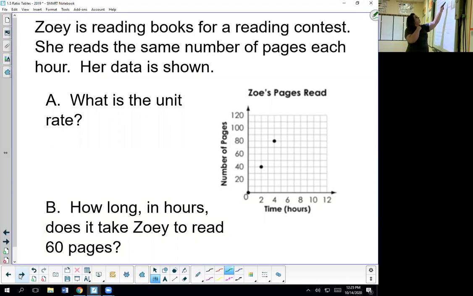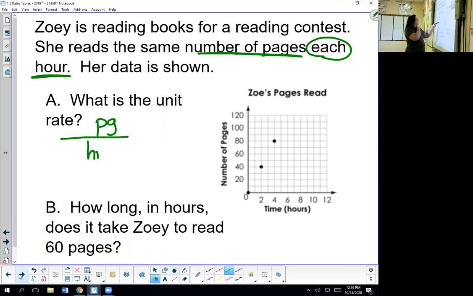She reads the same number of pages for each hour. So we want pages per hour. So let's look here. This would be 2 hours, she read 40 pages.